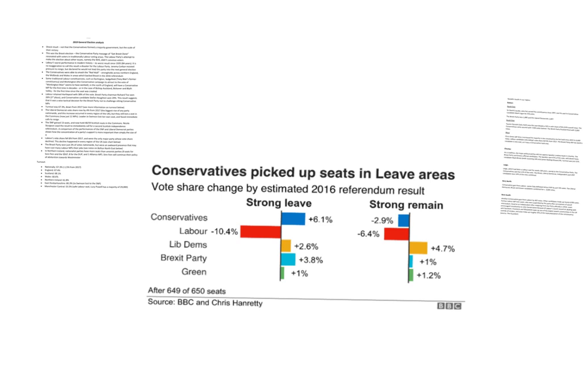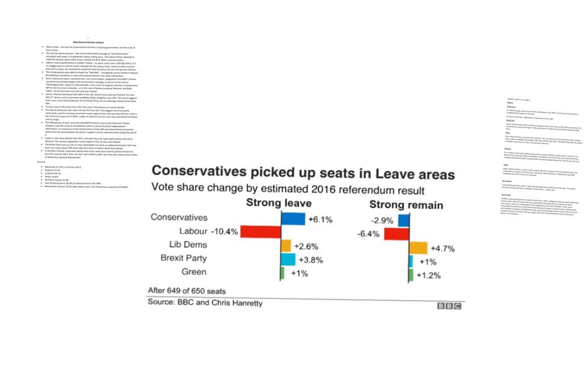You can actually see that, strangely enough, strong Leave voters were more likely to vote Lib Dem this time around. And what's interesting at this point in 2019 is the Lib Dems were promising to revoke Brexit altogether. So it seems that the only party that suffered in 2019 from Brexit voters was the Labour Party.